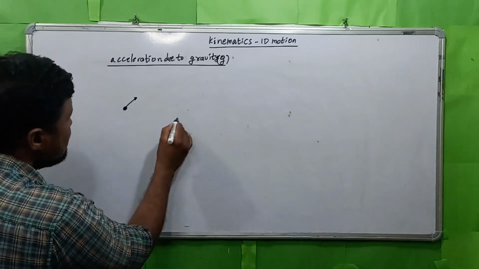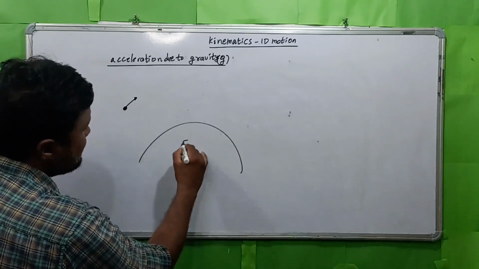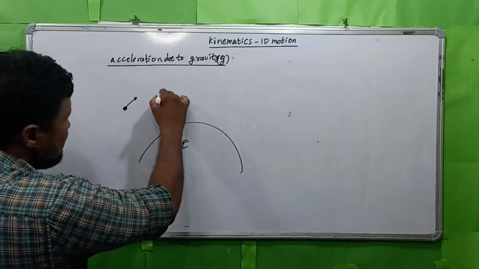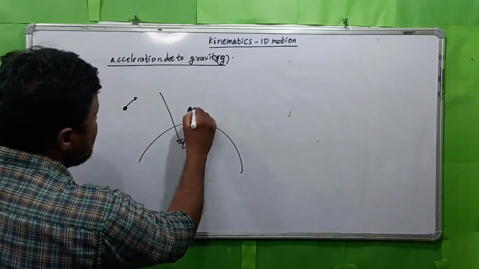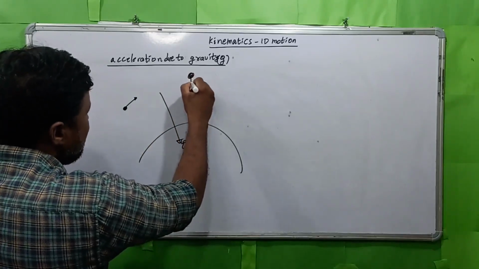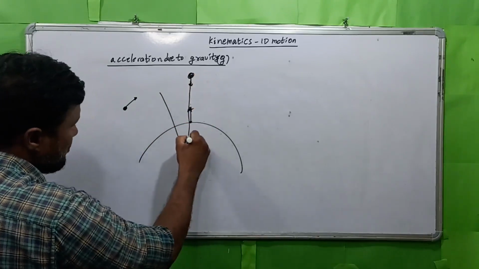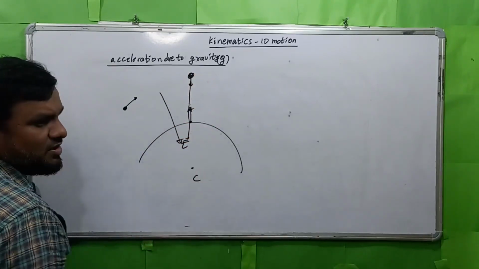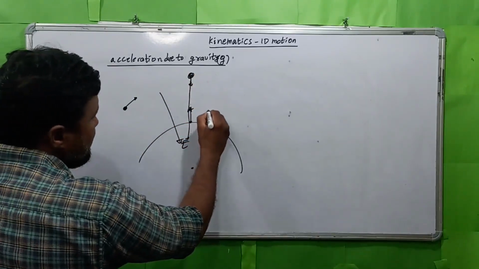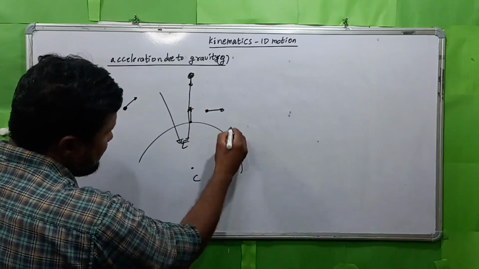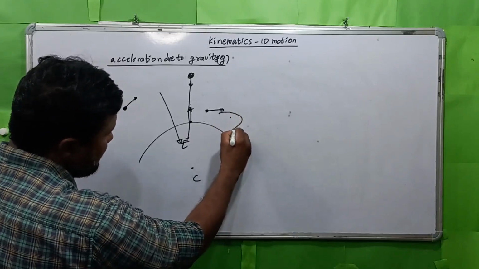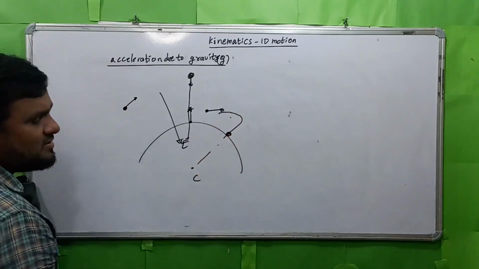If I throw any object, suppose this is the earth surface, finally the object comes towards the center of the earth only. Yes or no? Suppose I throw any object this way, finally due to gravity it comes towards the center of the earth.